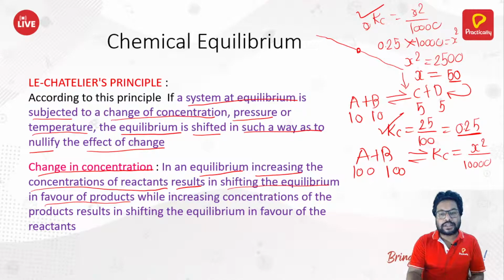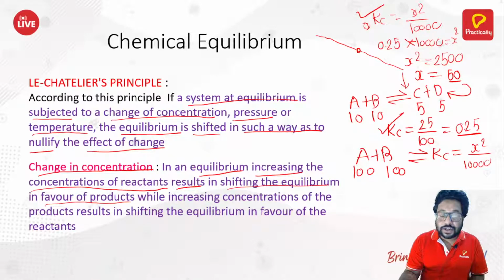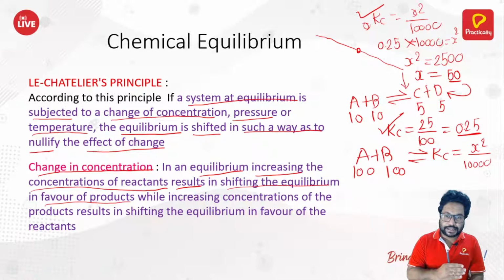If you decrease the concentration of a reactant, the Kc is still constant, so the system tries to go in a reverse direction to compensate for the loss of concentration of reactant. That means if you decrease the concentration of a reactant, the reaction will go in a reverse direction. If you increase the concentration of reactant, the reaction will go in a forward direction.